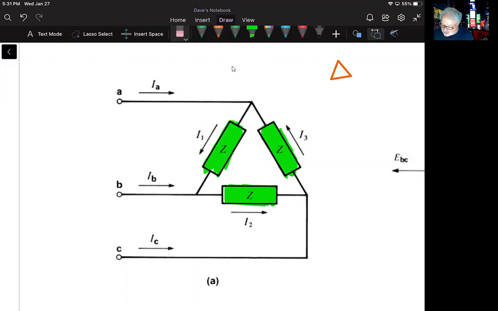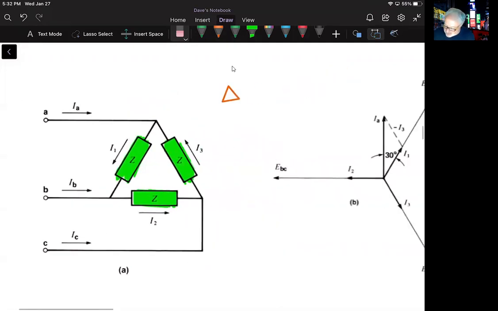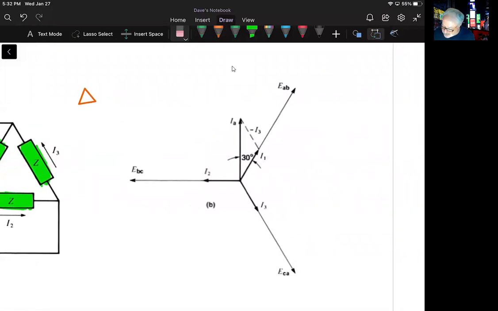A to B, okay? B to C, they're all connected across the line. Did I forget one? A to C, I'm sorry. And we also should note that since these are resistive loads, the current is in phase with the voltage that causes it.